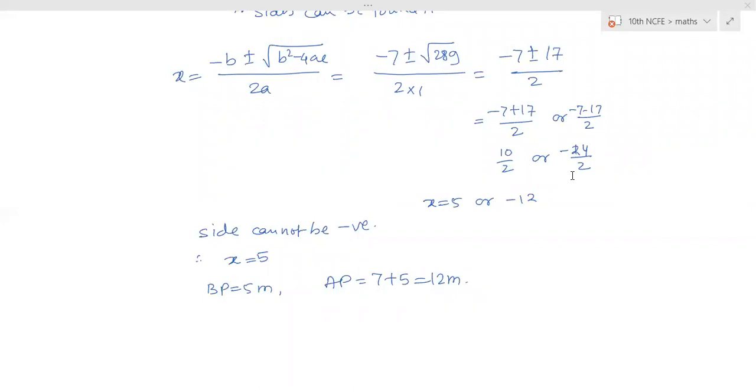Two water taps together can fill a tank in 9 3/8 hours. The tap with longer diameter takes 2 hours less than the tap with the smaller one to fill the tank separately. Find the time in which each tap can fill the tank separately. Okay, just now we have solved the same question. Now here all the solved questions also.